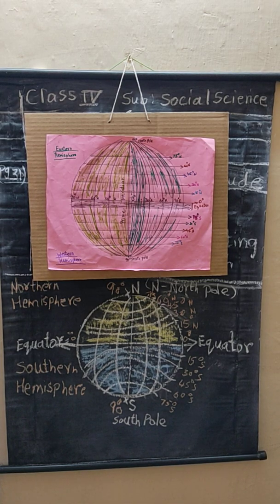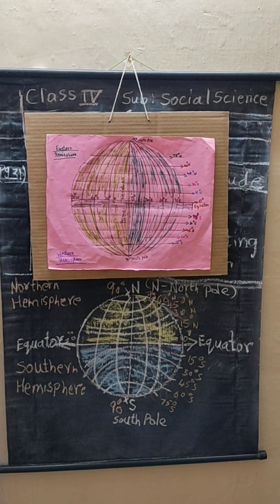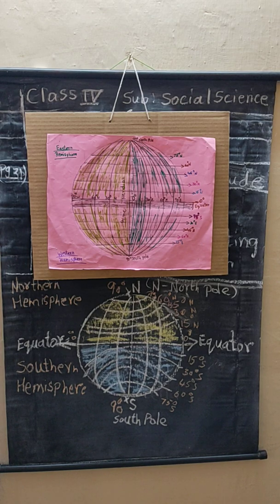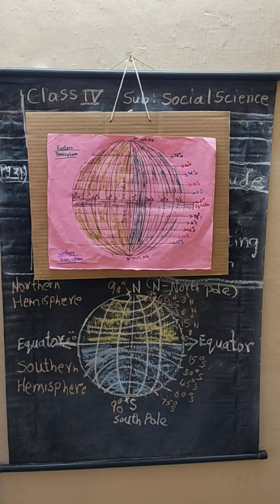The eastern hemisphere will experience night. Now, the prime meridian and the international date line are important lines of longitude. The 180 degree east and west longitude is known as the international date line, while the prime meridian is at 0.